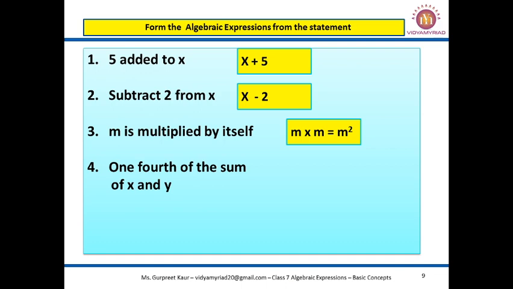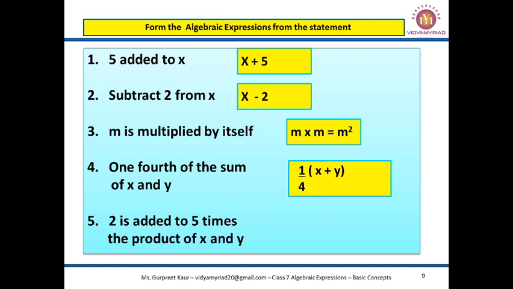One-fourth of the sum of x and y. Understand this question. We need the sum of x and y, that means x plus y. One-fourth of it, so I will simply put 1/4 with the sum x plus y and put it into the bracket. Lastly, 2 is added to 5 times the product of x and y.